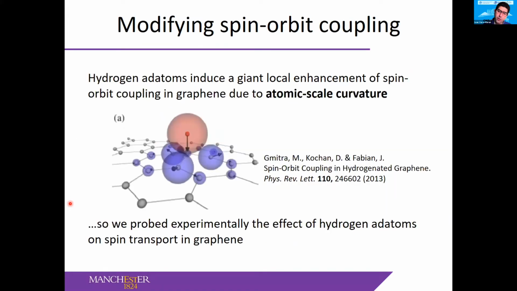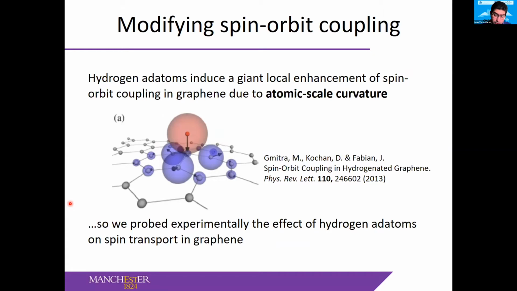Now, if we go to the extreme case of just taking a single atom and pulling it slightly out of the lattice plane, then we have really that area of atomic-scale curvature. It was not until recently, and by recently I mean within the last decade, that people looked at it theoretically with first-principles methods that try to go beyond mean-field approaches.